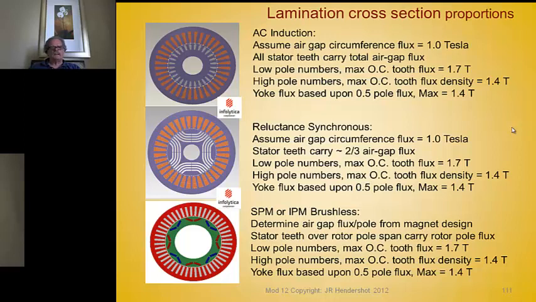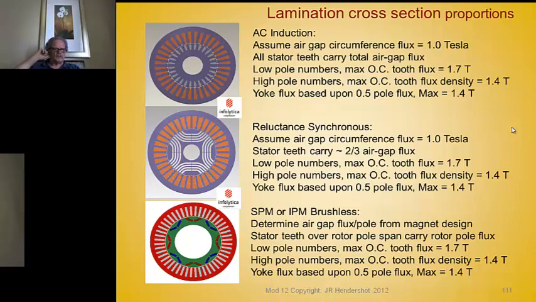For the yoke, the flux density for all these machines is based upon 50% of the pole flux, because the pole flux splits when it goes through a set of teeth. Half of it goes clockwise around the stator, and the other half goes counterclockwise around the stator. It's not going to go around one side and not the other.